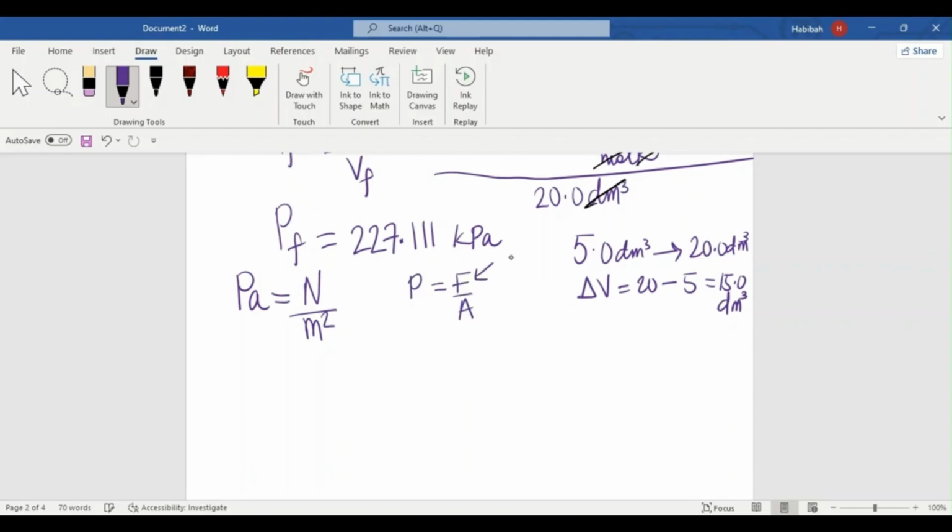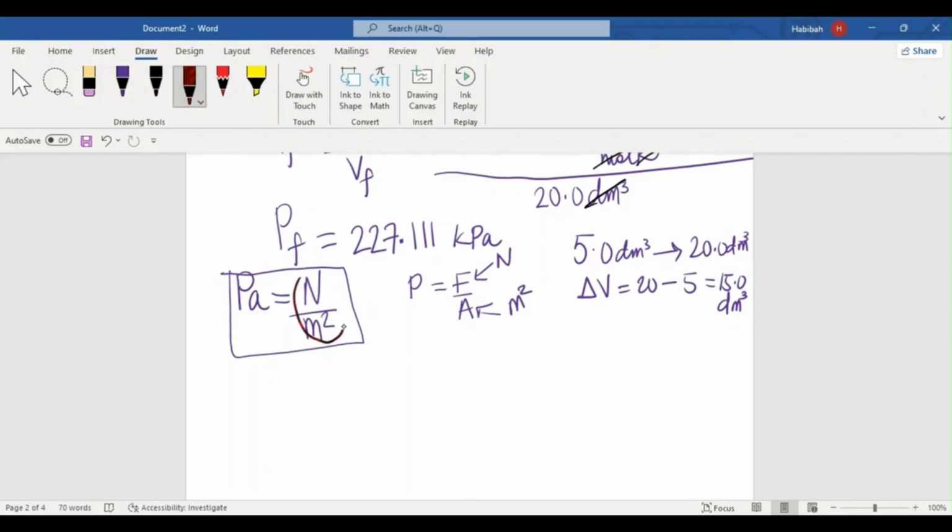The unit for force is Newton, and the unit for area is meter squared, hence Newton per meter squared, and that is what is equivalent to pascals. You can see here that we've got dm cubed and we've got pascals. We cannot solve when our information is not in the proper units, because we're not going to be able to properly multiply and get the correct answer. So what you're going to do now is, we know what this is.